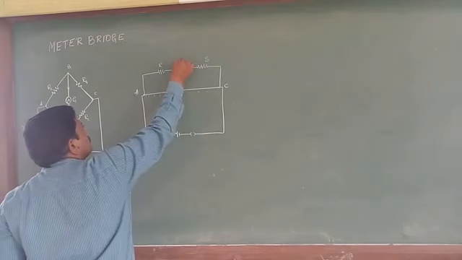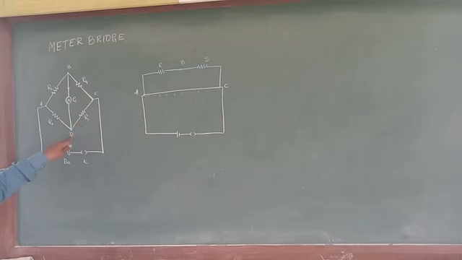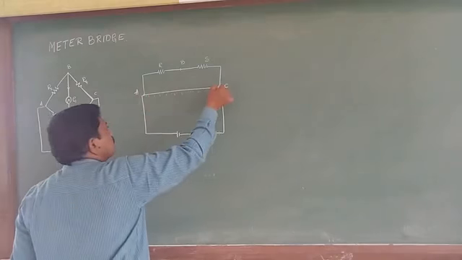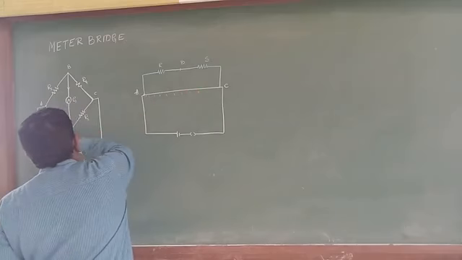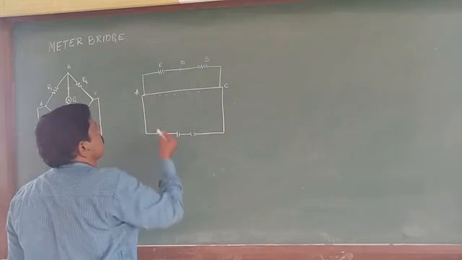Between R and S, there is one point, which I will take as B. And between R1 and R3, D is there. So here, R1 plus R3 itself is the resistance of the wire AC.